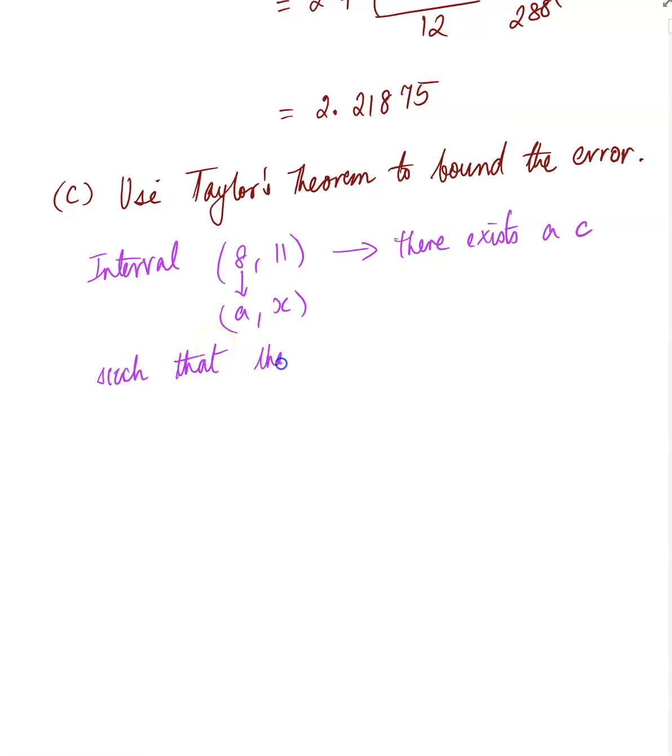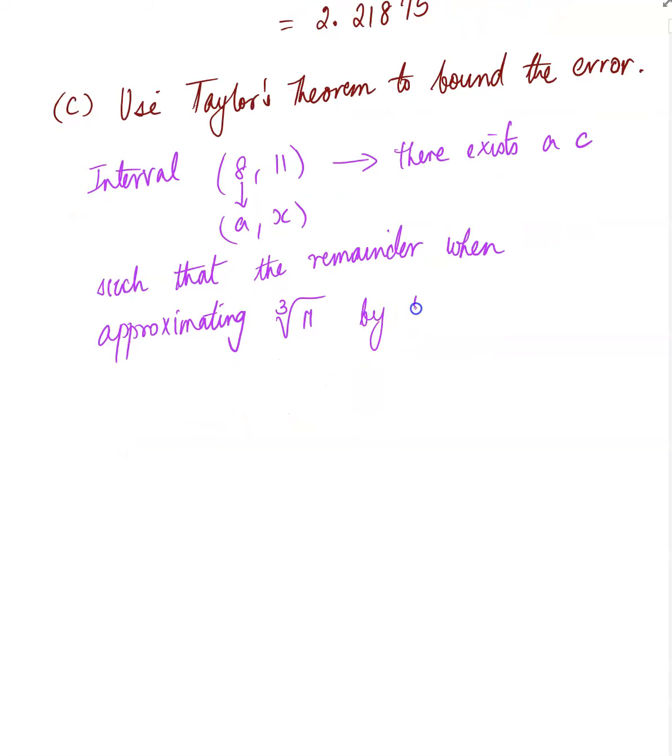the remainder when approximating the cube root of 11 by the first Taylor polynomial would be R1 of 11, right?